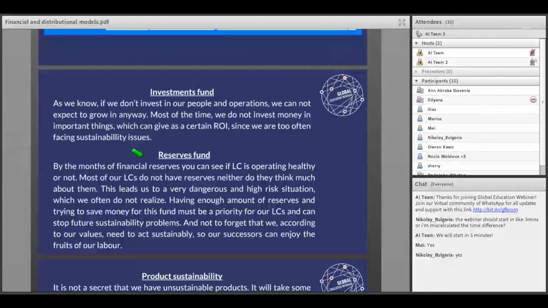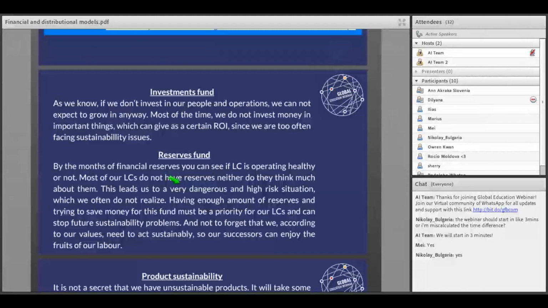Reserves fund, this is more of a long-term fund, measured by months of financial reserves. So you can see if the LC is operating healthy or not. Most of the LCs don't really have reserves, mainly because they have to prioritize other expenses first.